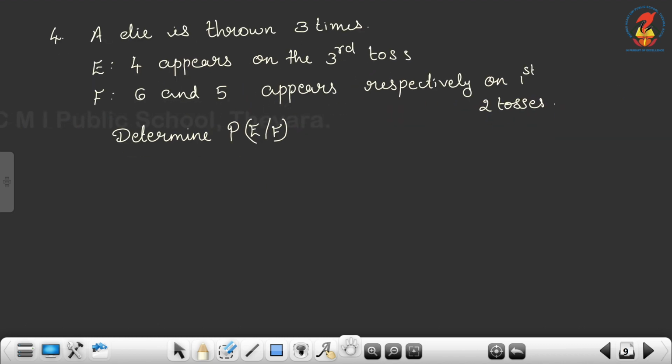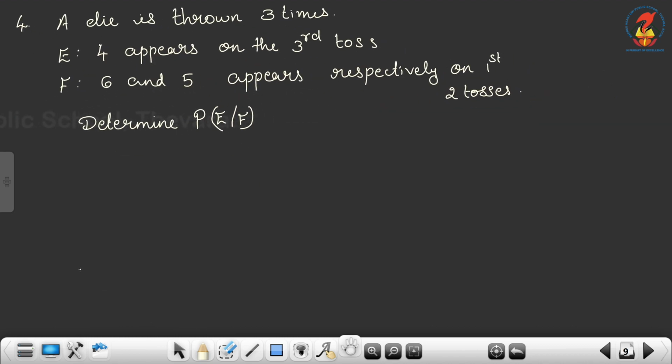So when a die is thrown 3 times, how many outcomes are there? When a die is thrown 1 time, 6 outcomes. 2 times, 6 into 6, 36. So 3 times means 6 into 6 into 6, that is 216 outcomes. From that it is not possible to list everything.